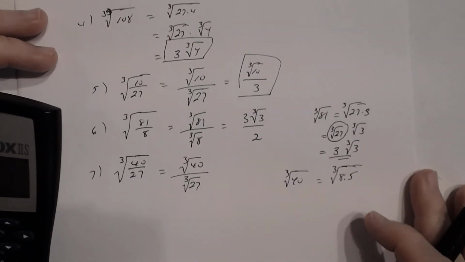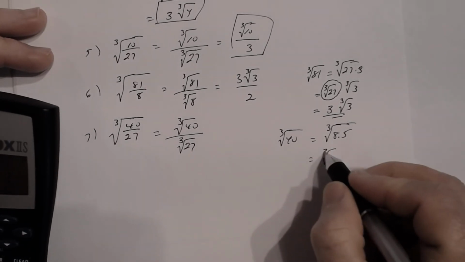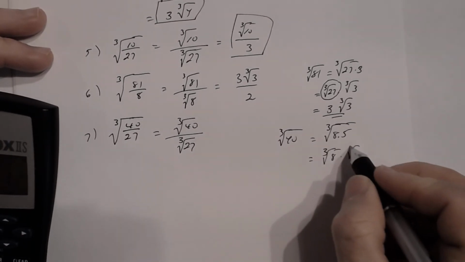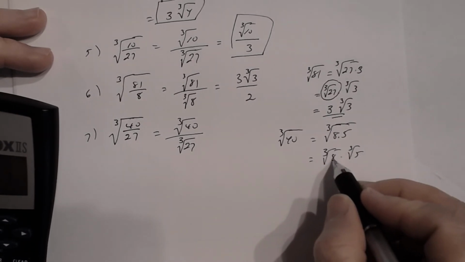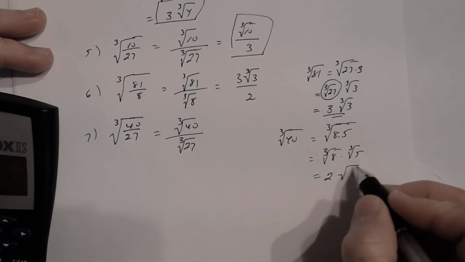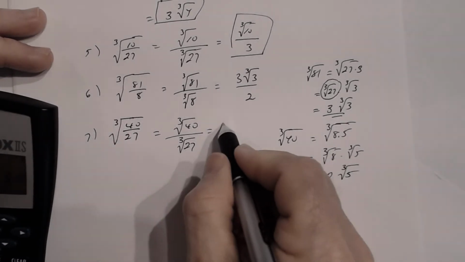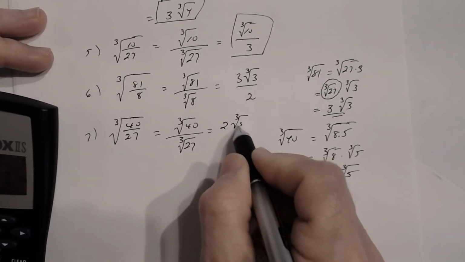Using the product rule, I get the cube root of 8 times the cube root of 5. And remember, 8 is a perfect cube, so the cube root of 8 is 2. So this becomes 2 times the cube root of 5. That's the numerator.